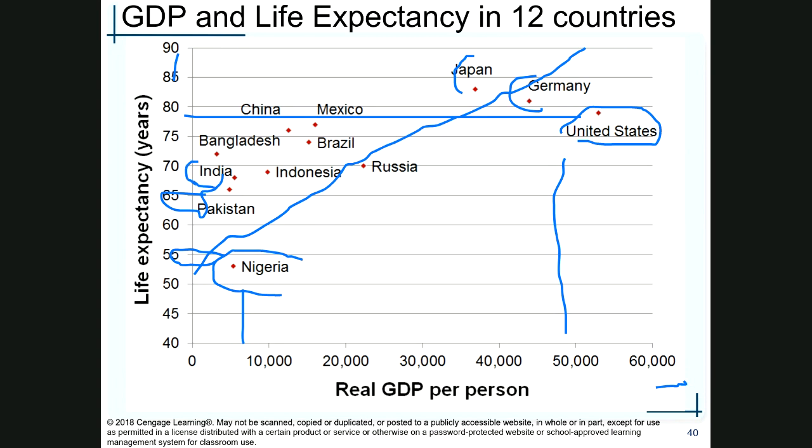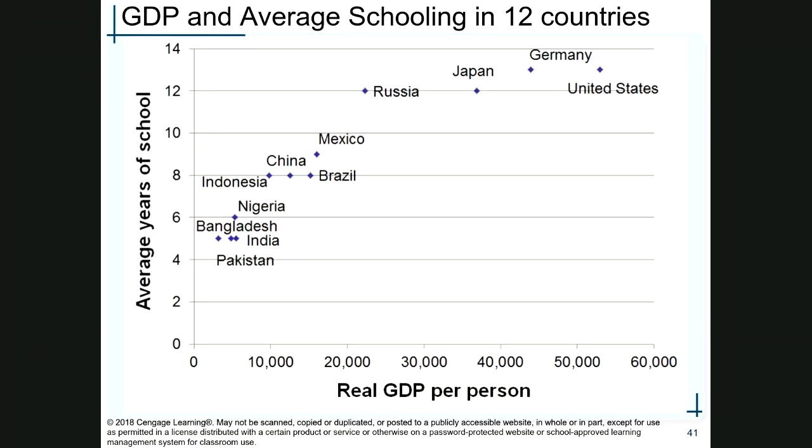Another indicator: if you put average years of schooling, the higher the GDP, like the US, Germany, and Japan, we get at least 12 years, high school graduate at least. Versus Pakistan, 4 years of high school. In India, a lot of kids can't afford to go.